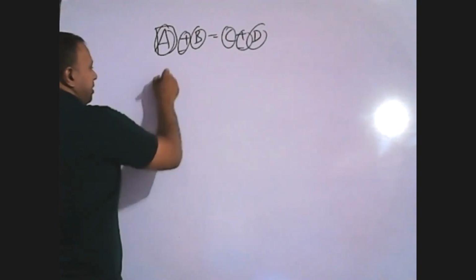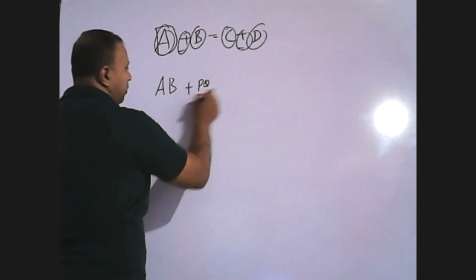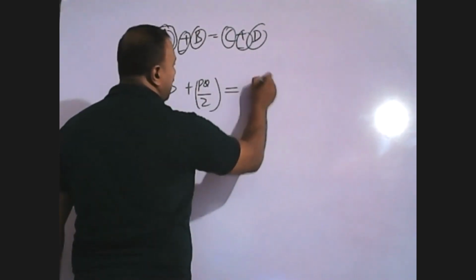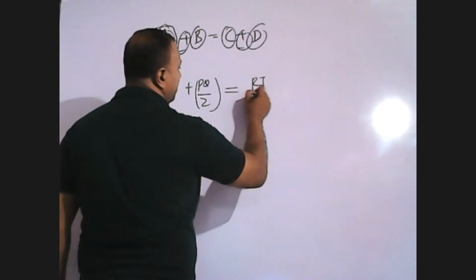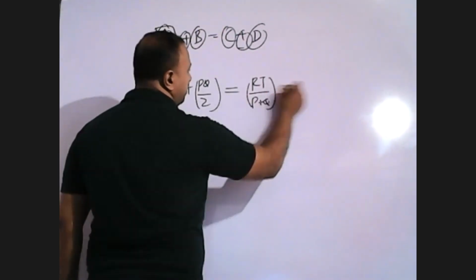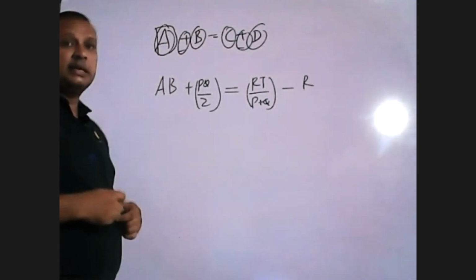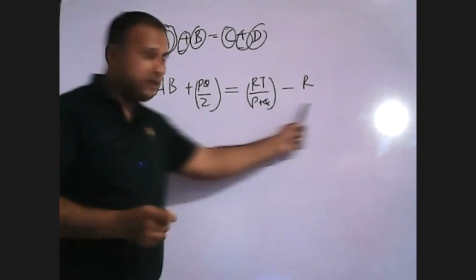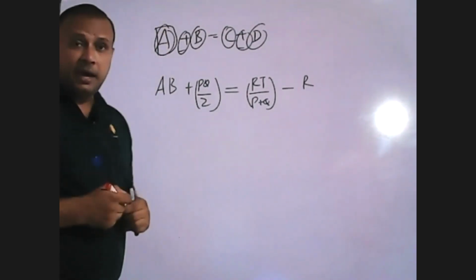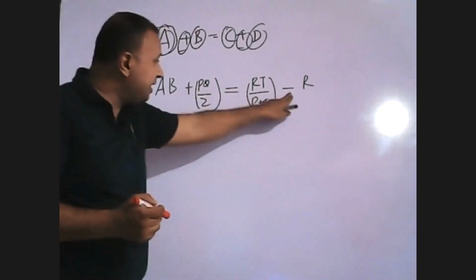As an example, AB plus PQ over Z equals RT over P plus Q minus R. Suppose there is an equation something like this. Terms are the things connected with plus or minus signs.